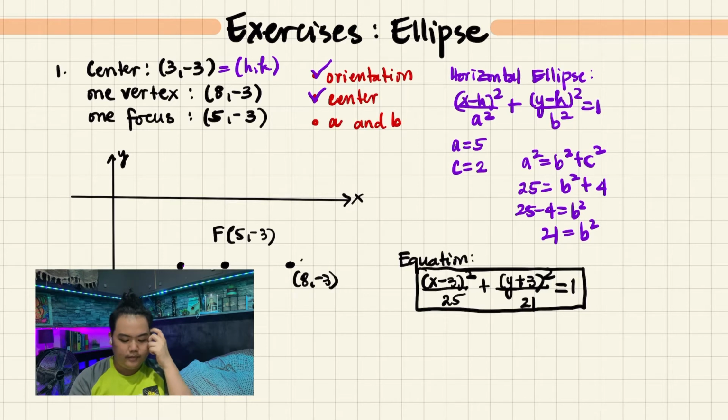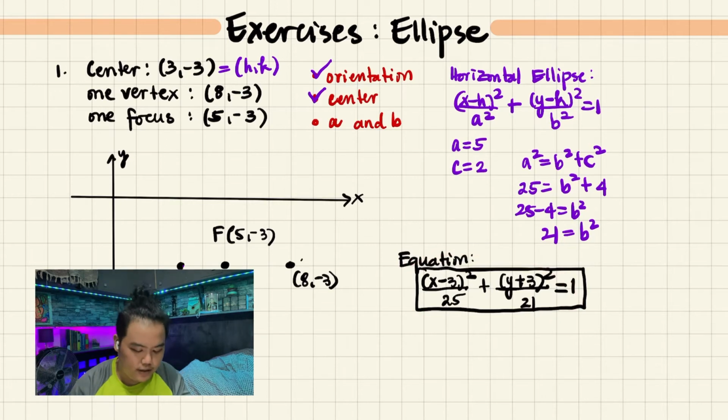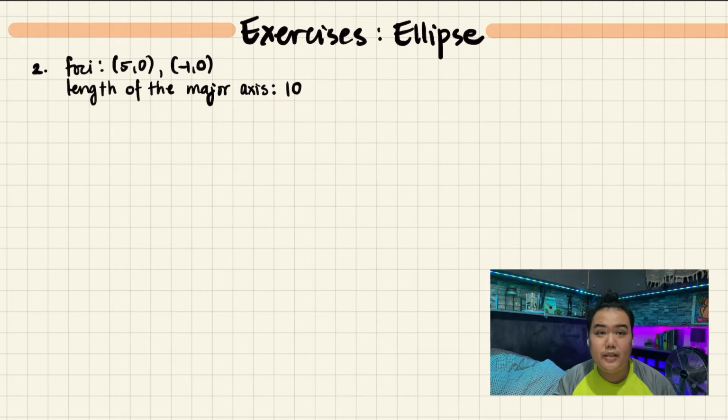Ayan. So kapag kinuha mo yung mga vertex nito, yung foci, center, it must agree doon sa ating given. Let's proceed with our next example.